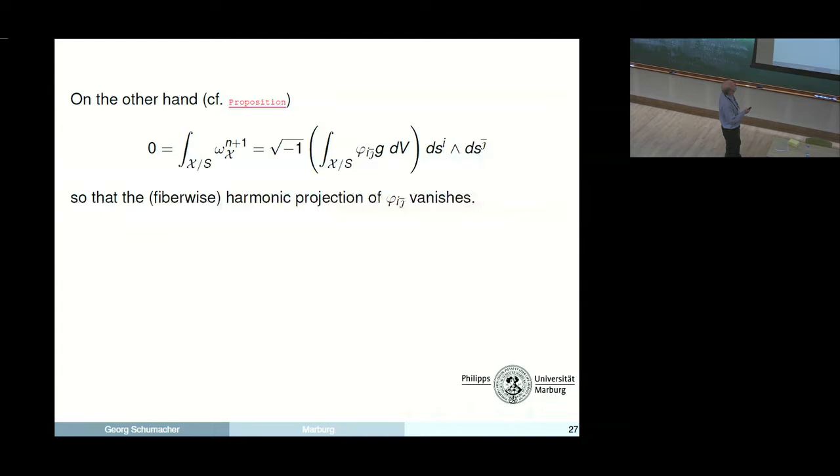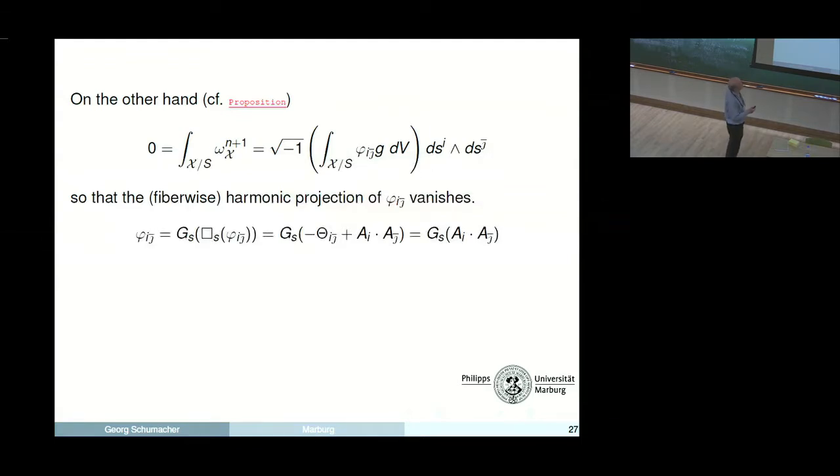And so that means the fiber-wise harmonic projections of the phi ij need to vanish, because this is what we get. We take the integral is 0, so the harmonic projection vanishes. And then we can say that phi ij, this is the coefficient of omega x to the n plus first power, is equal to the Green's function of the Laplacian.